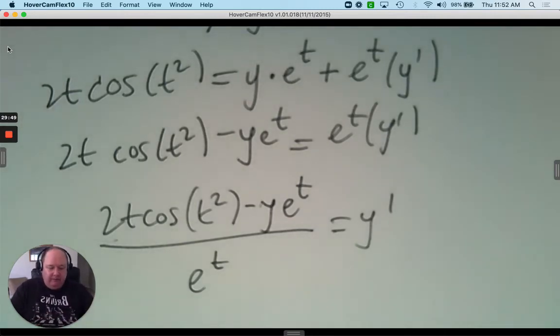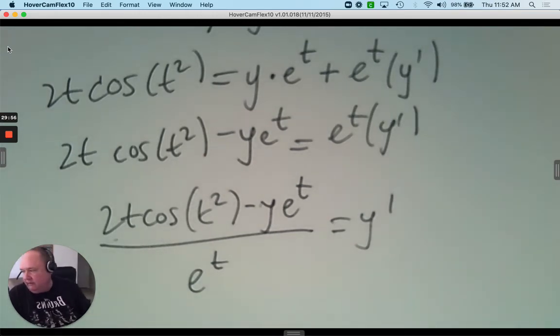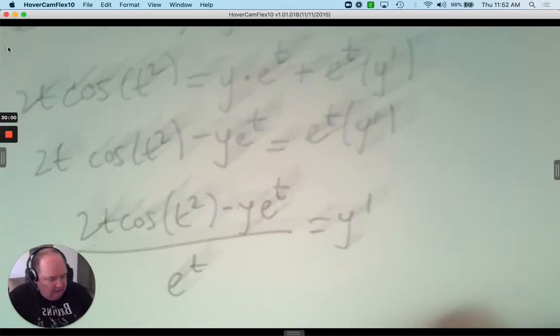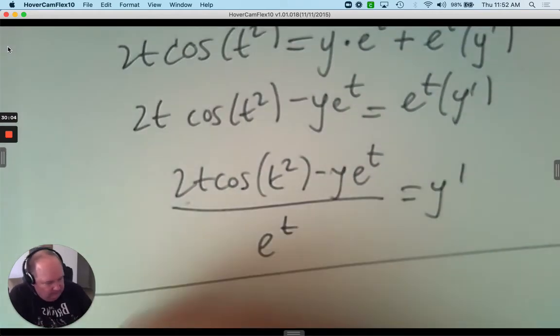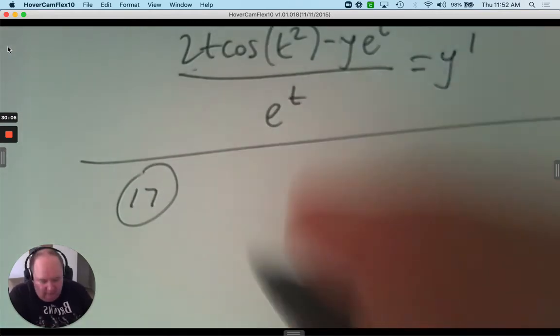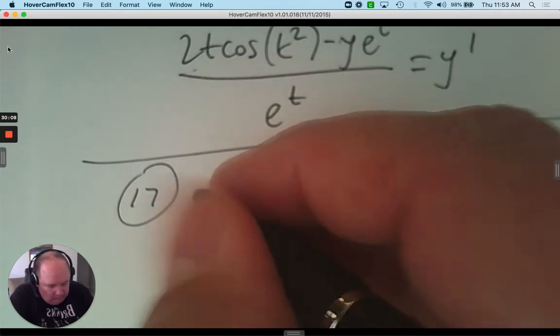So for number 17, sketch graphs and show shaded areas representing the values of the following. So let's do that. Let's just start.